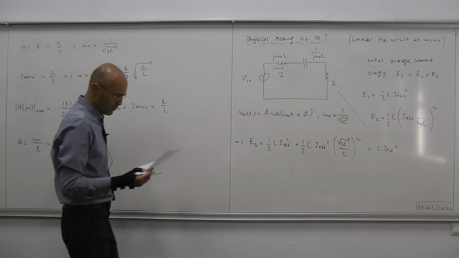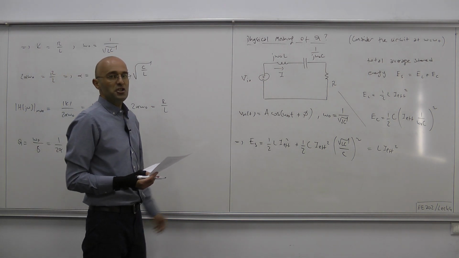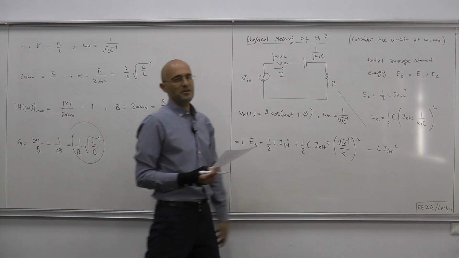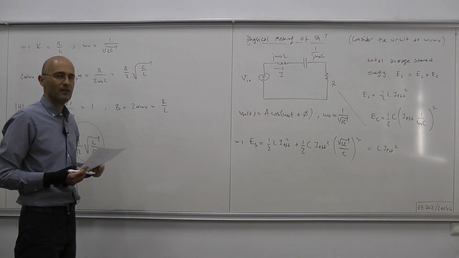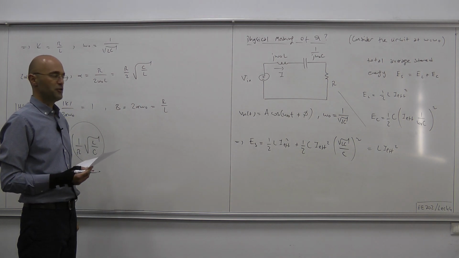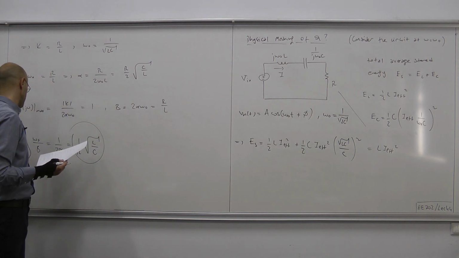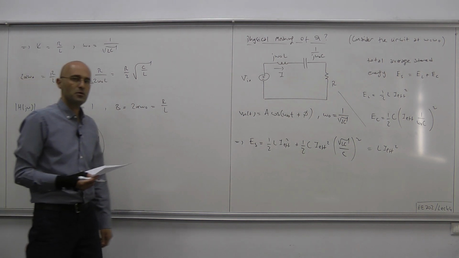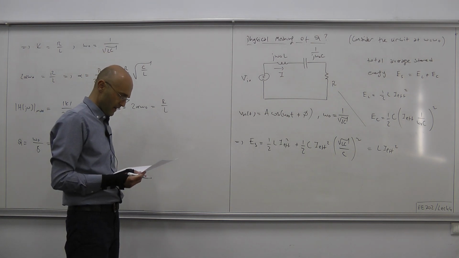Let's also now compute the energy dissipated on the resistor in one cycle. When we compare those two energies, we're going to see that the ratio is very closely related to what we're calling the quality factor.